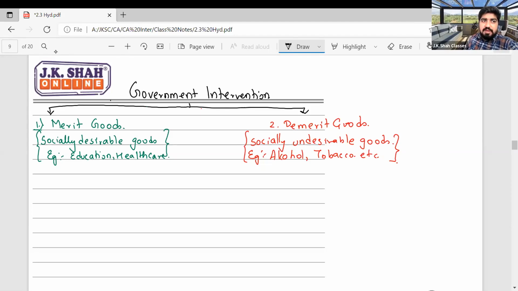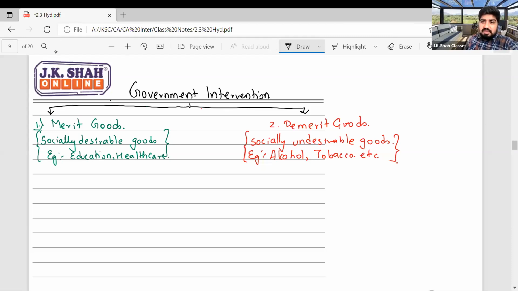If, let's suppose, only private goods are available in merit goods, think about it. What will happen? Only the rich will be able to get the benefit. Will the poor class be able to get the advantage? No, that's the problem.